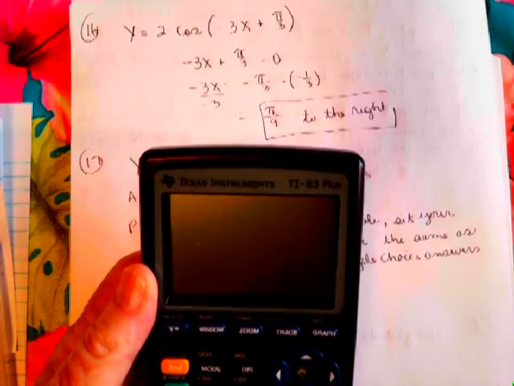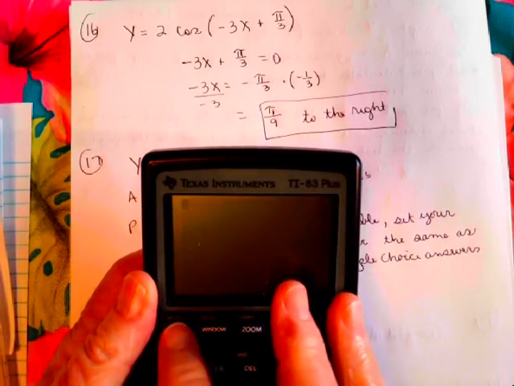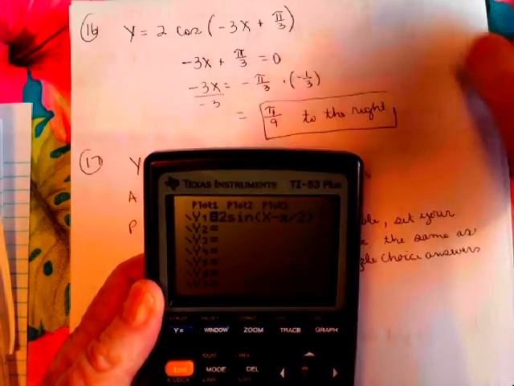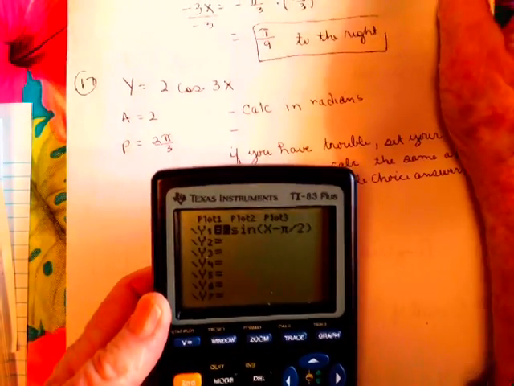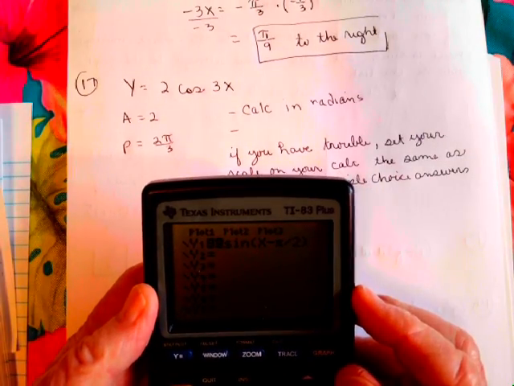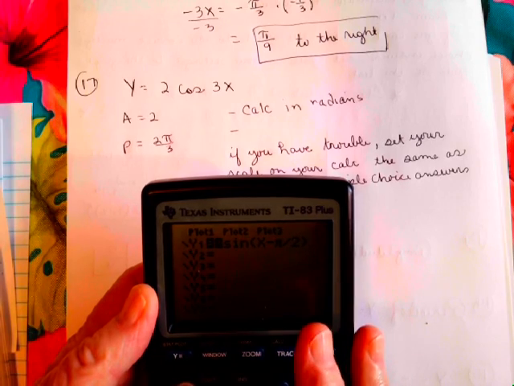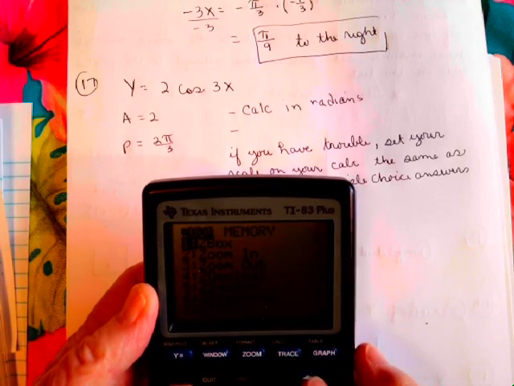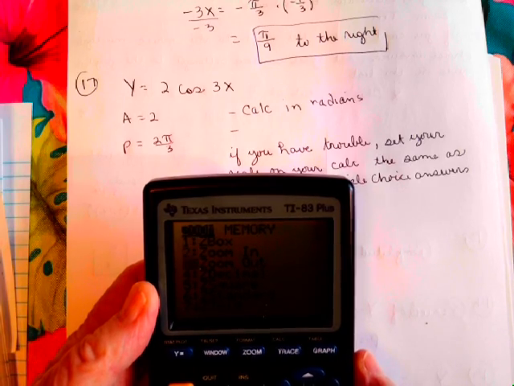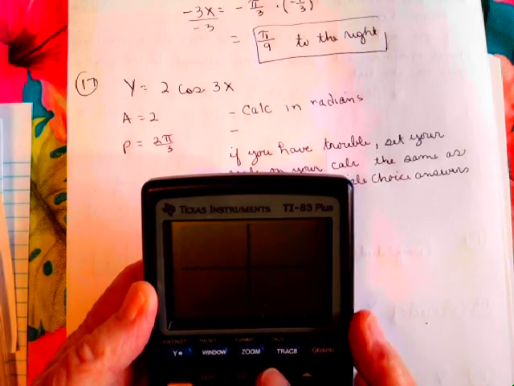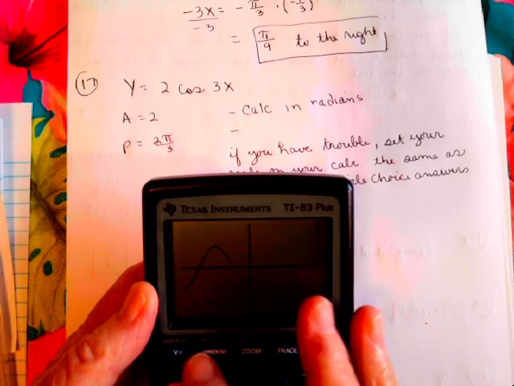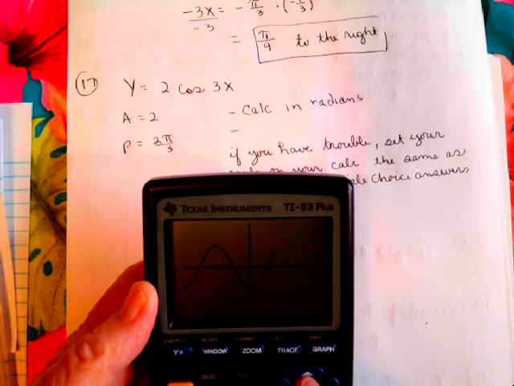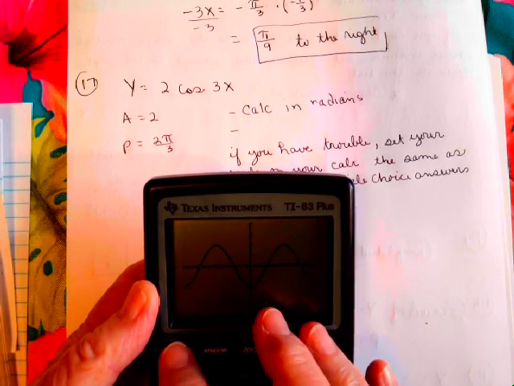When we graph this, I've already set my calculator to radians. I've already done zoom trig to set my window. Now let's clear out anything that's in our calculator.